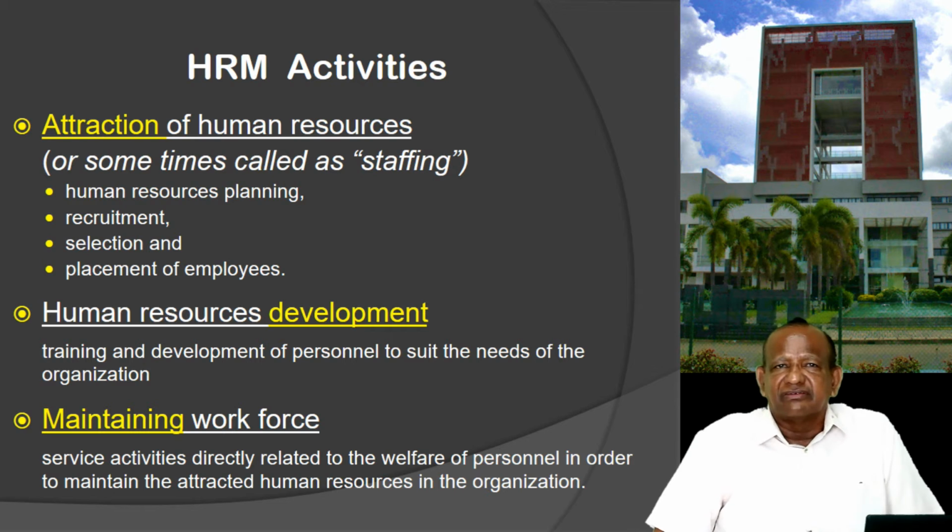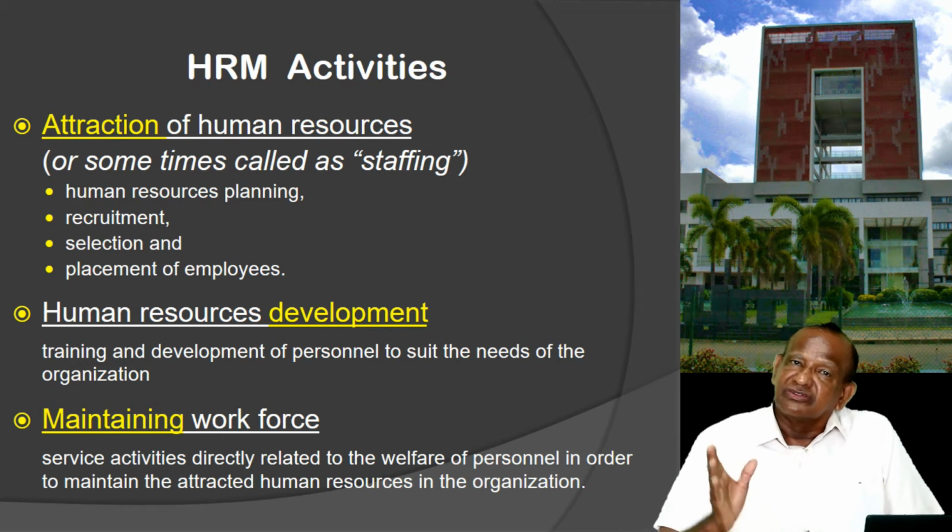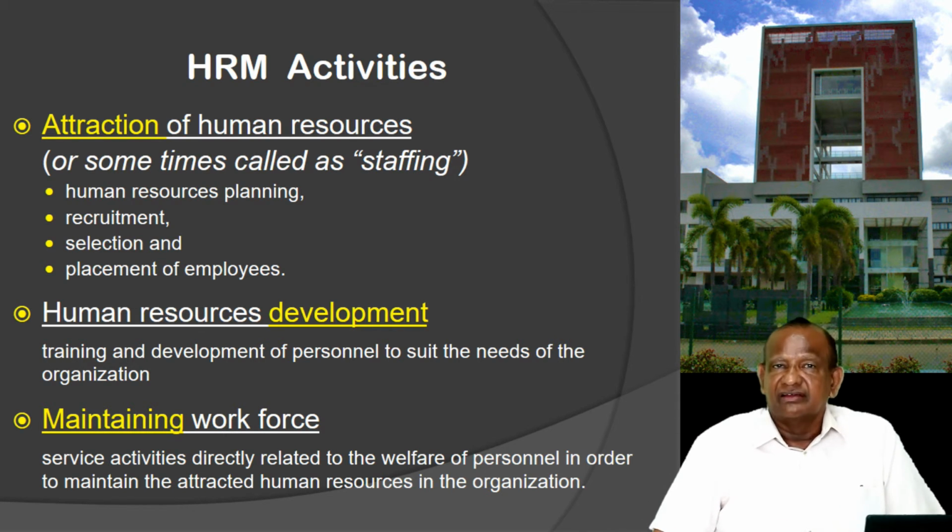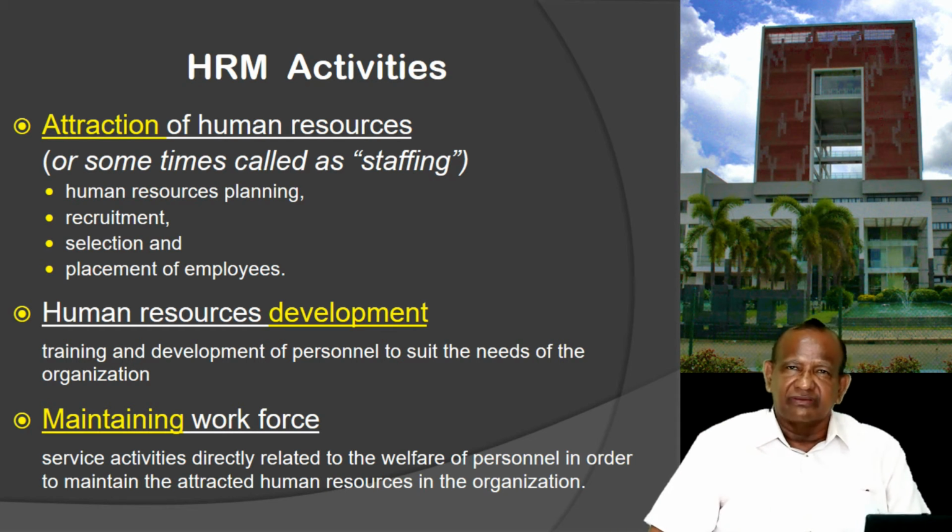So these are the three activities of human resources management. If I ask in an examination what the three major activities of human resources management are, you have to say attraction of human resources, development of human resources, and maintaining the human resources.